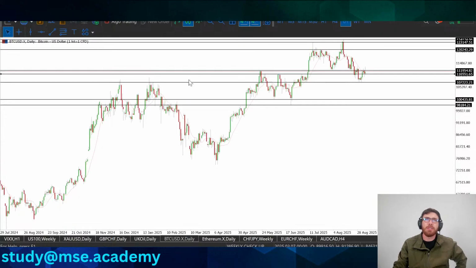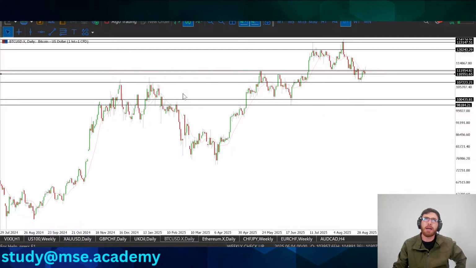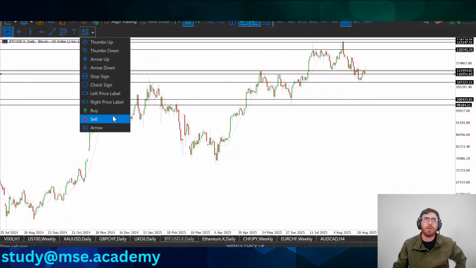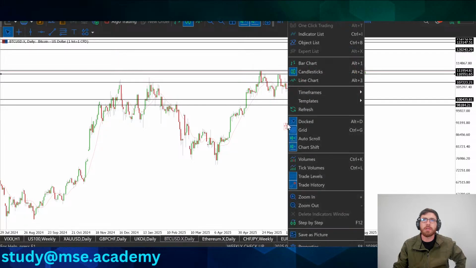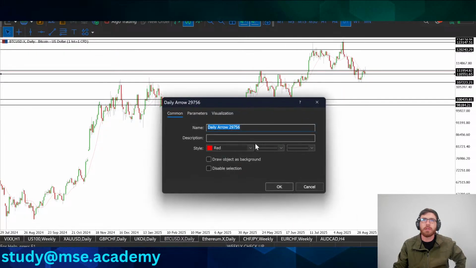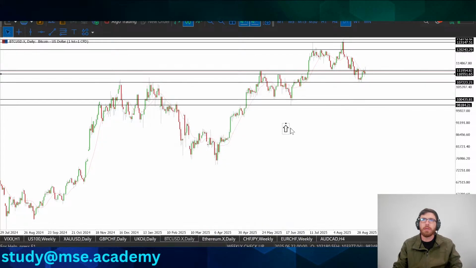And as you can see, zooming out, you can see how historically where the market was sitting around about over here. So let me just try to get these to stand out nicely.